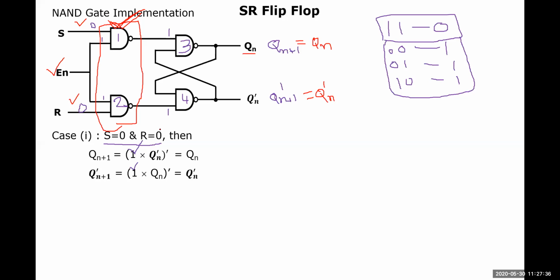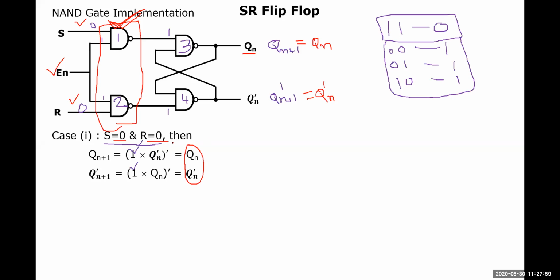Finally, if S equal to 0 and R equal to 0, what exactly do we get? Whatever the previous states of outputs were, the same outputs will continue. That is why it is called the no change state. Whereas, I'd like to repeat, if you take the same state in a latch, it is indeterminate.